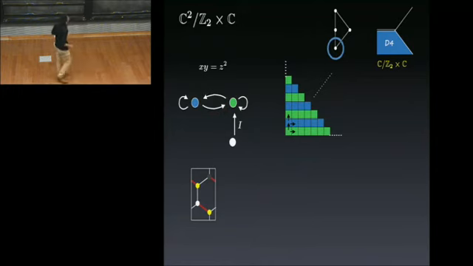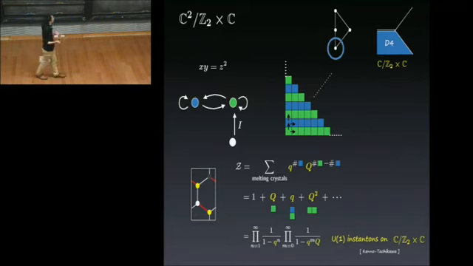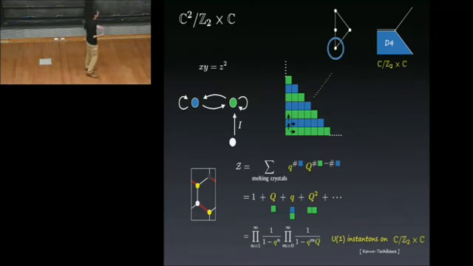Then the result is like this. We have a different quiver, different dimer, different perfect matching and a different crystal, so we have a different partition function. This is related to a U1 instanton partition function on this divisor and is consistent with physics. We can also show that this is consistent with the wall crossing formula.